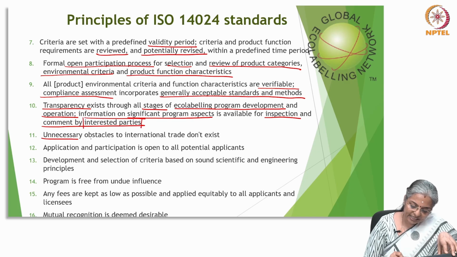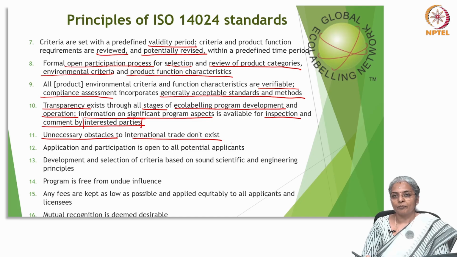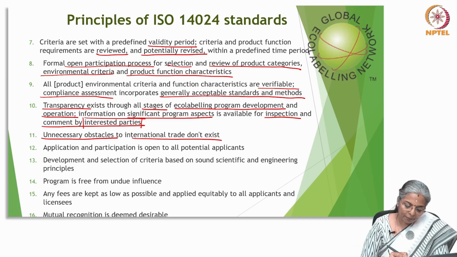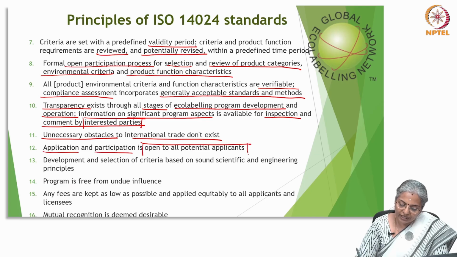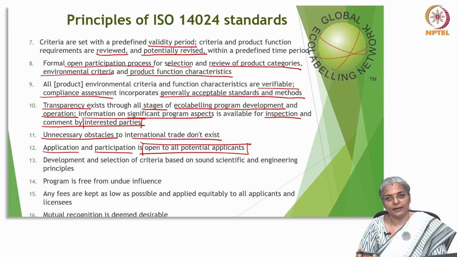Unnecessary obstacles in international trade will not exist, and if anything is considered unnecessary, that procedure will be removed. Application and participation is open to all potential applicants. Could be a startup, could be a very big firm, but it is open to everybody.